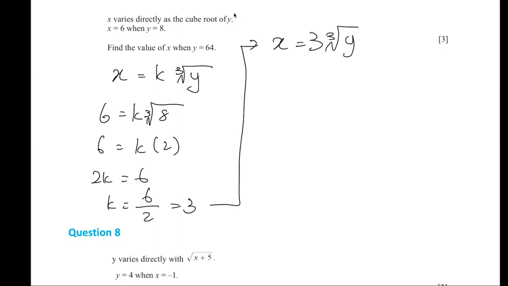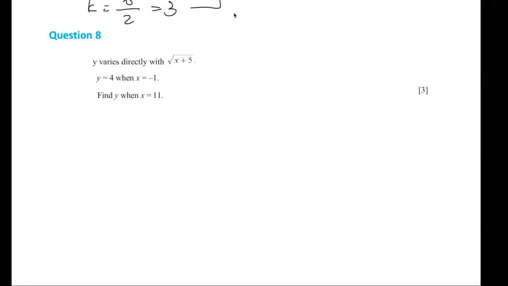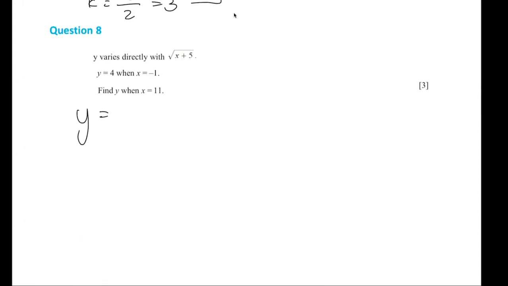X is what when y is 64. Next, y varies directly with this. One you can put in the bracket. When y is 4, x is equal to -1.